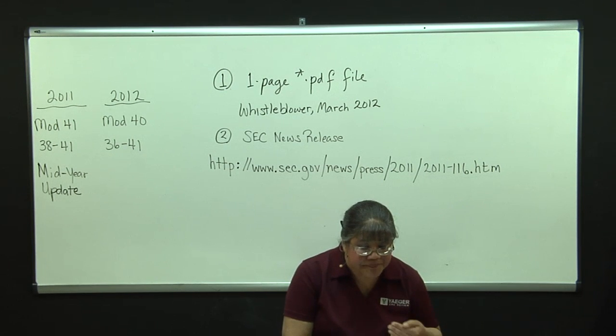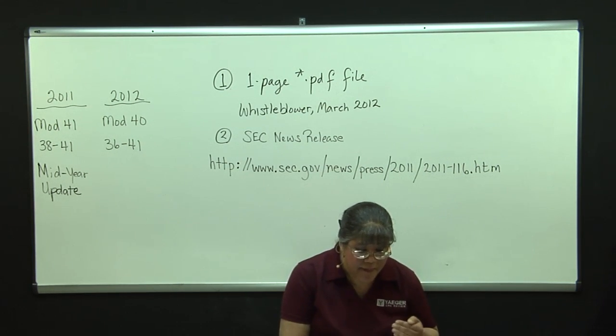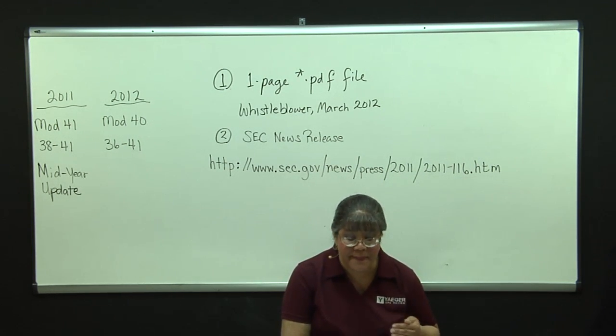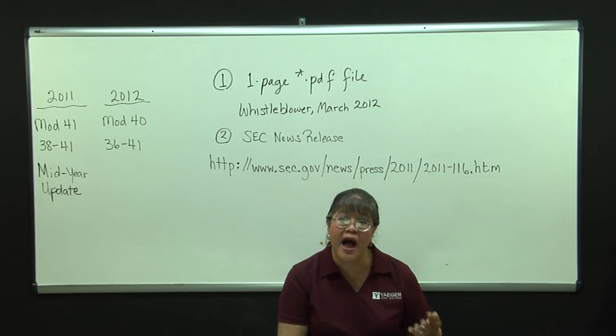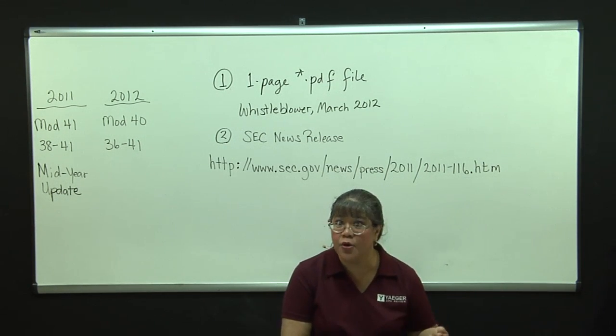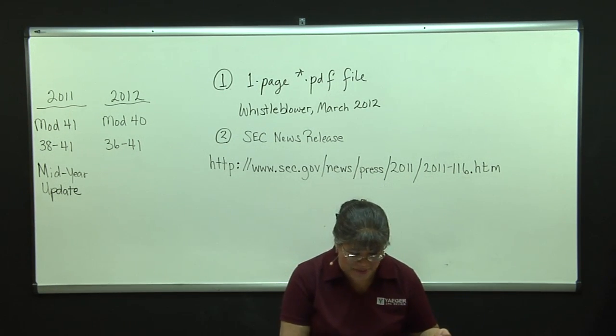Also, who would not be considered? People who obtain the information by means or in a manner that is determined by a U.S. court to violate federal or state criminal laws. So if you got the information in an illegal way, then you're not eligible for an award.